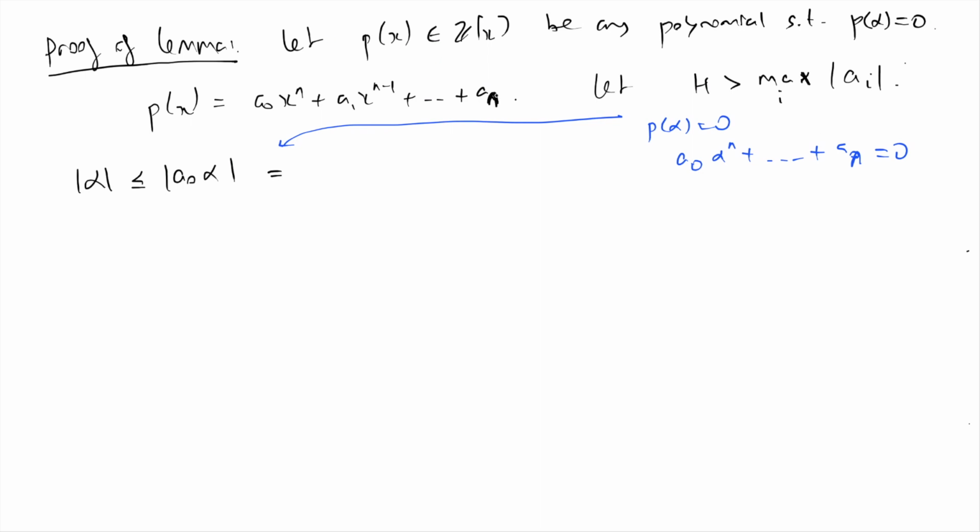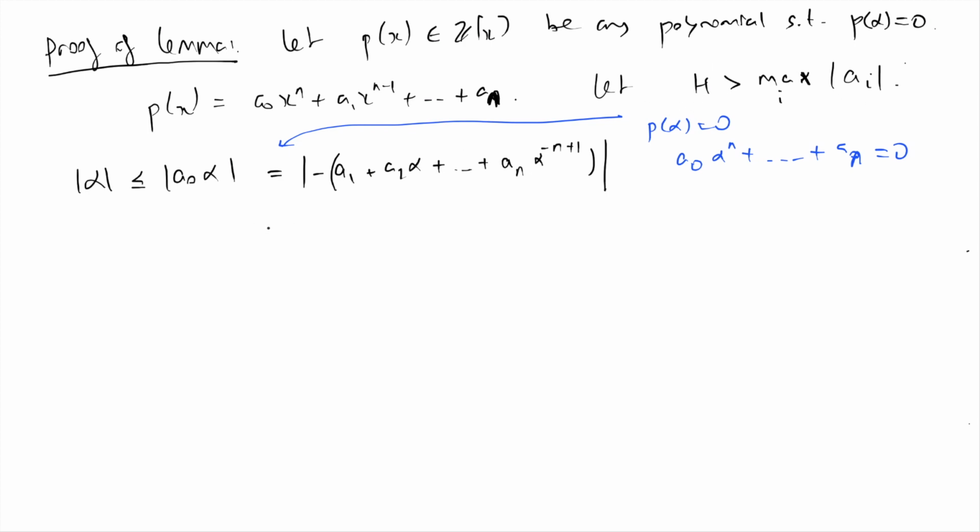Now I can obtain a0 times alpha if I multiply this expression by alpha to the minus n plus 1. Then collecting terms on the right, I kill this minus sign. I'm going to collect all the ai by substituting this h.